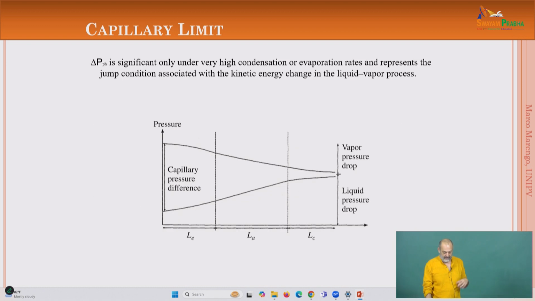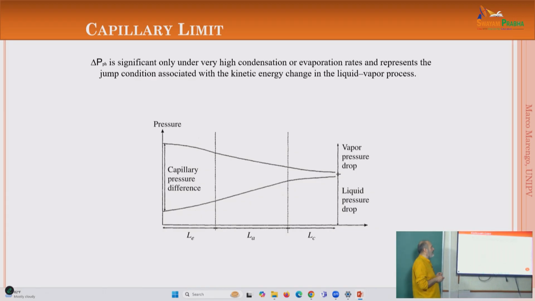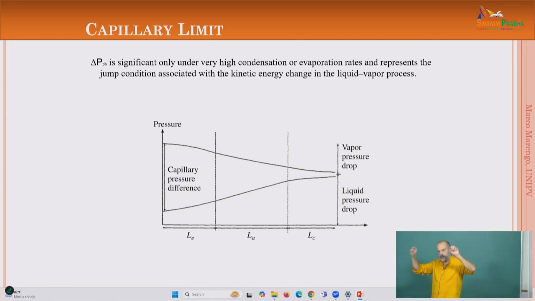And let's understand what these values mean. This is the classical behavior of the pressure inside a very standard PHP with a wick, okay? In the evaporator, we are creating the capillary difference linked to the fact that we have the wick. The wick means that we have a pressure that is linked to the pore size.